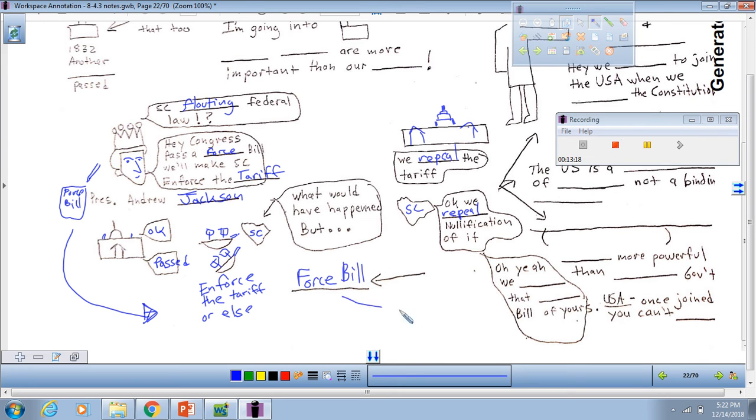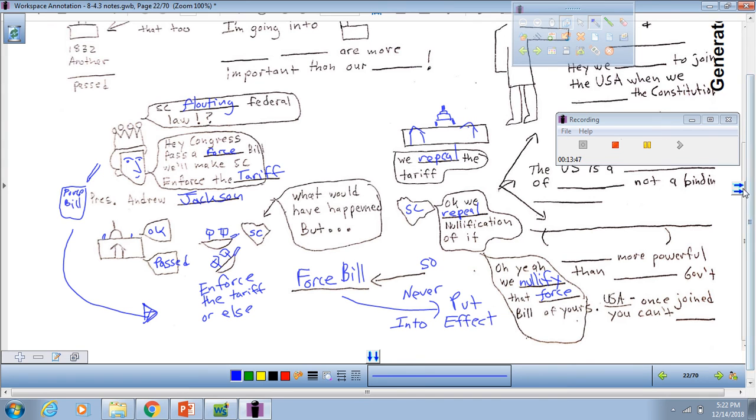And then, to make sure that South Carolina really got the last word, they said, oh yeah, by the way, we're going to nullify that force bill of yours. And Andrew Jackson was probably steamed when he heard that, understanding that South Carolina was just being a bit of a pain.